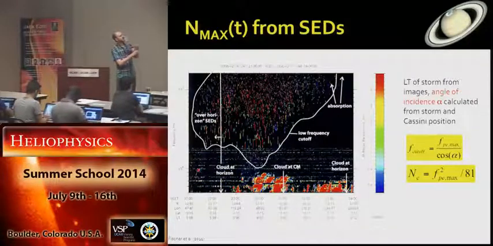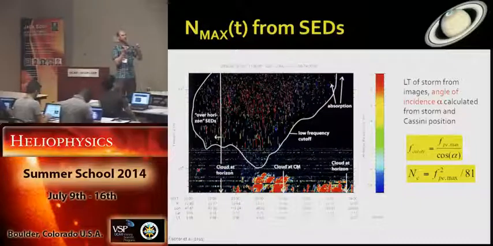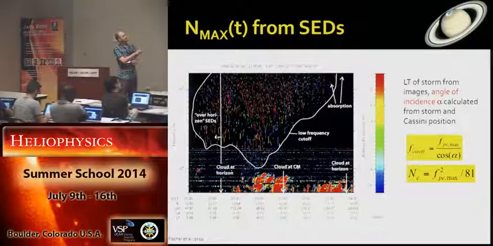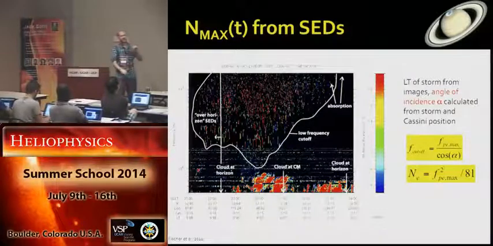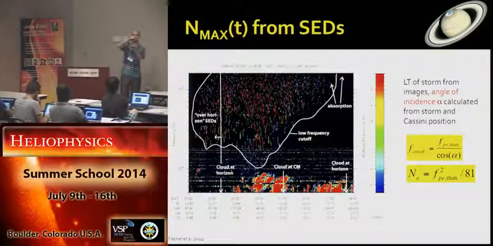So as Saturn rotates and the storm rotates into and out of view, you see the intensity measured in the contours, and then here's the actual frequency. And instead of seeing a broadband emission, you see these short bursts. And that's simply because the instrument on Cassini is scanning very quickly through frequency space. So instead of measuring all the frequencies at once, you're getting a little snippet at a time.